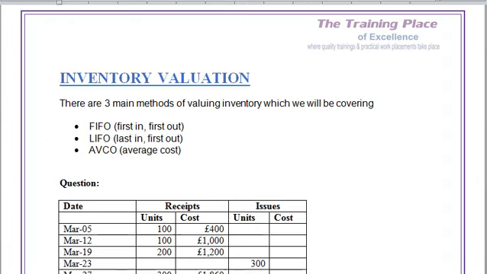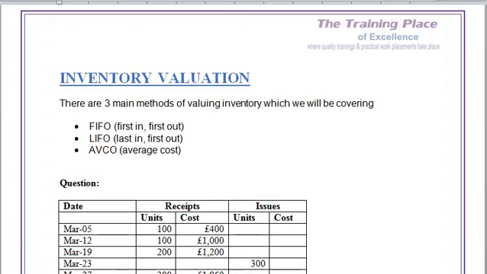First in, first out, just as the name implies, means that the first set of inventory that came into your hands is the first set that will be going out of your hands to the production centers or that you will be selling.